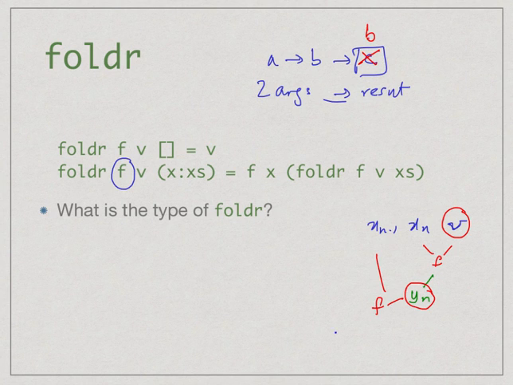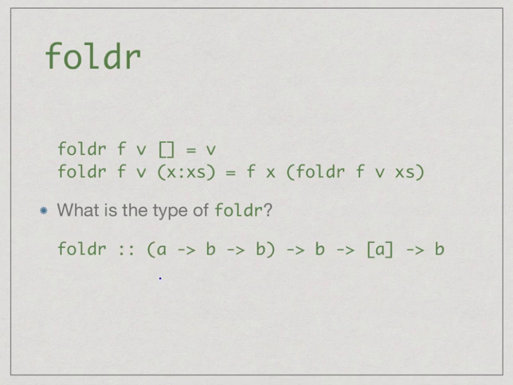And at the end, I'm eventually going to produce y1, which is the output of the function, so that will be a b. So f takes two arguments of type a and b and produces an output of b, so I can keep repeating this process. It takes an input list of type a, and it produces an output of type b.